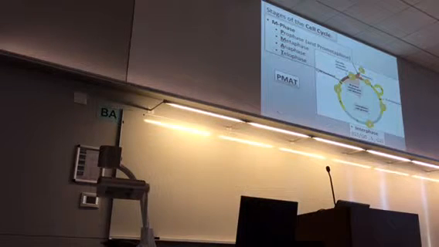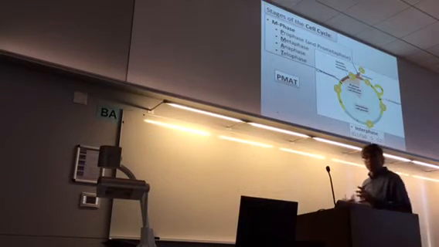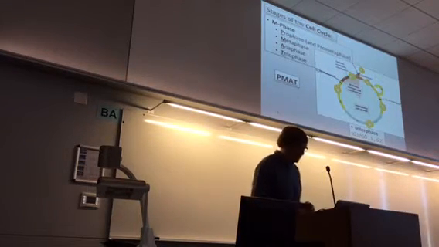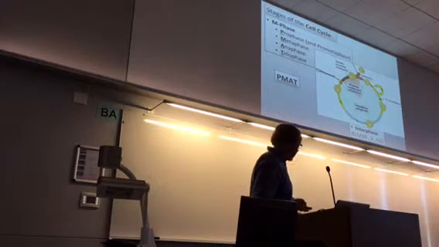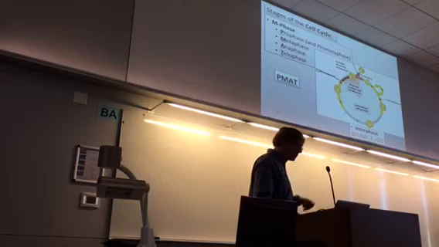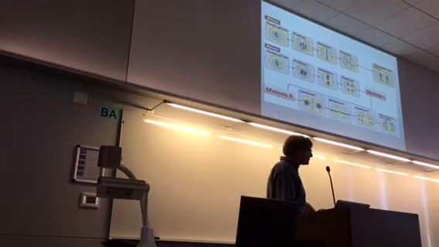You get a deletion that deletes your good copy of retinoblastoma. Well, now you no longer have brakes, and you're going to blow through your G1S checkpoint. And so we talked about how the cell cycle and these mutations can ultimately contribute to cancer, and ultimately cancer is the uncontrolled cell cycle and the different types of genes that can control it.